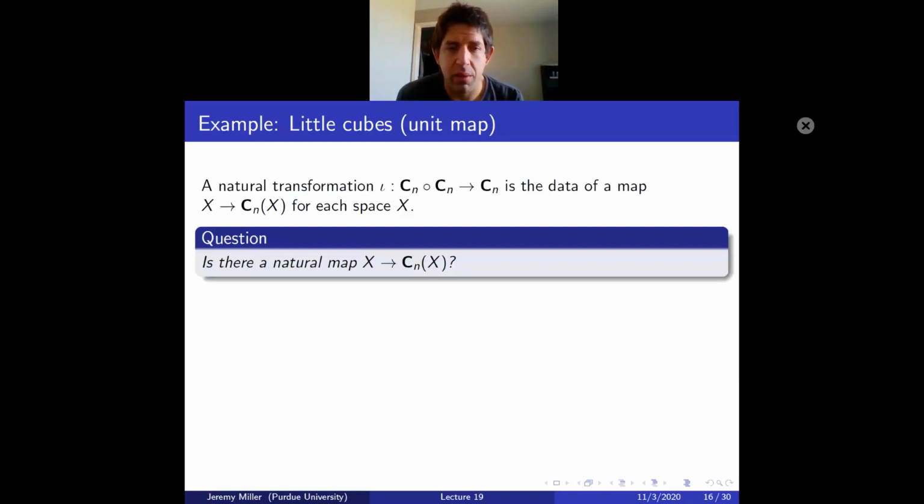Any guesses here? So given a point in X, what's your favorite way to assign to that a cube with labels in X? Preferably someone other than Zach or Michael should answer this.